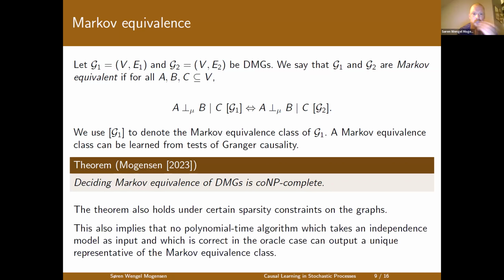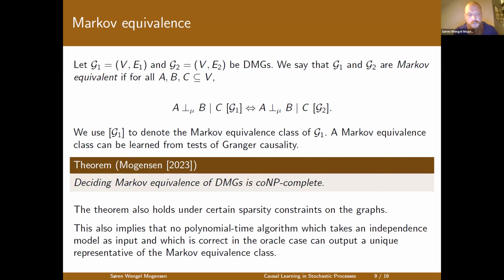So, for instance, it implies that you cannot find a polynomial time algorithm which can output the correct Markov equivalence class, even in the Oracle setting where you don't do any statistical tests, but you just happen to know which Granger non-causalities hold and which do not. So it means that learning is very difficult, right?